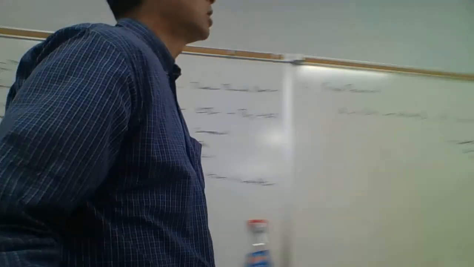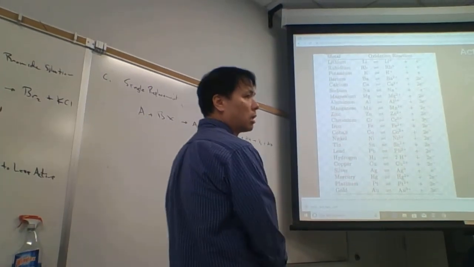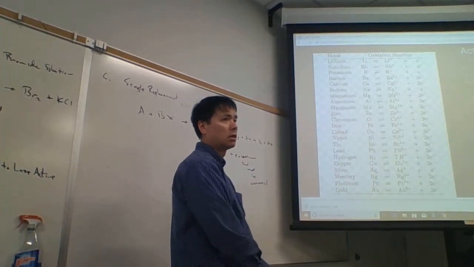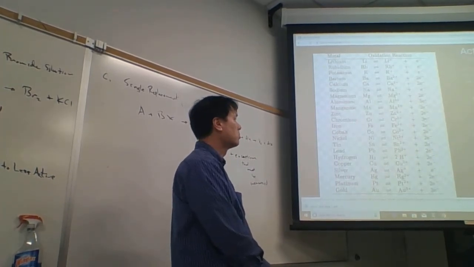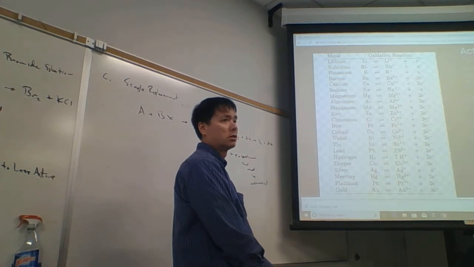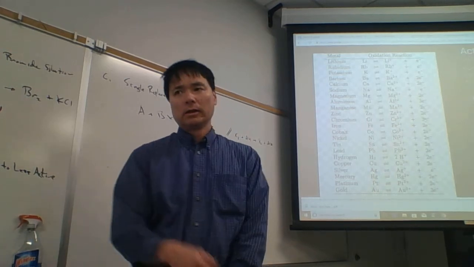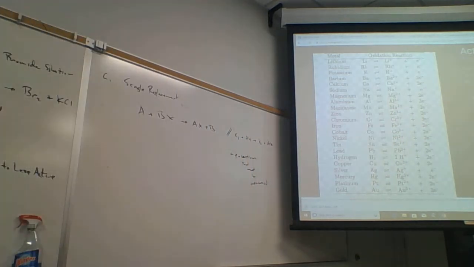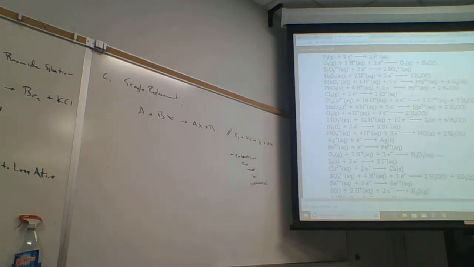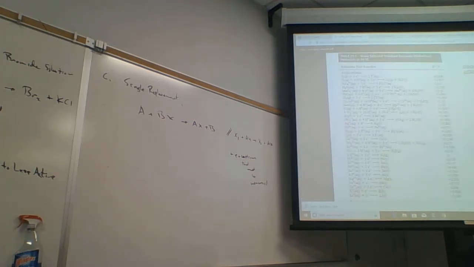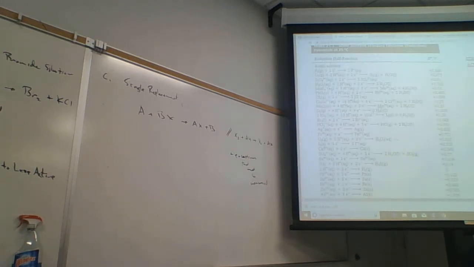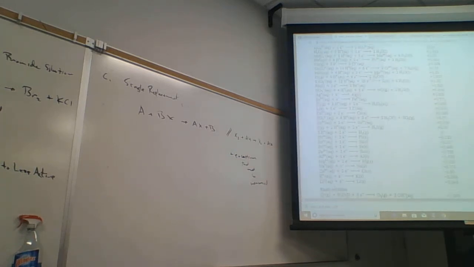Do you see it on this chart here? No. If it's not on the chart, does it mean it doesn't exist? No. It just means the chart is a bridge.